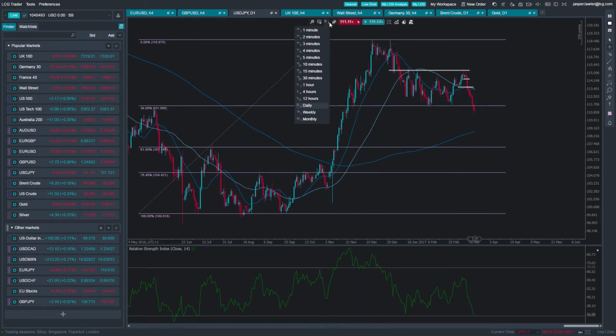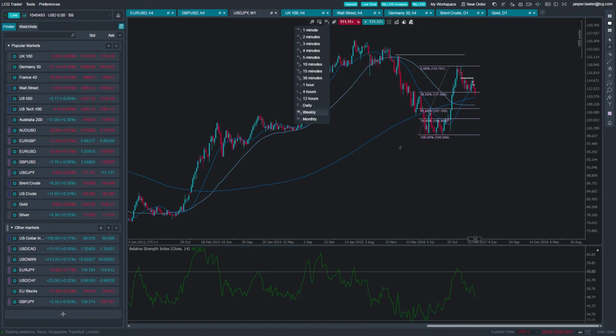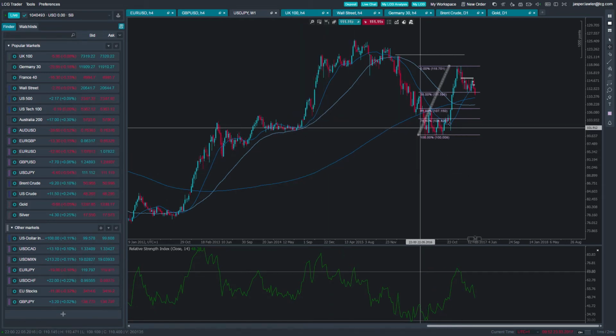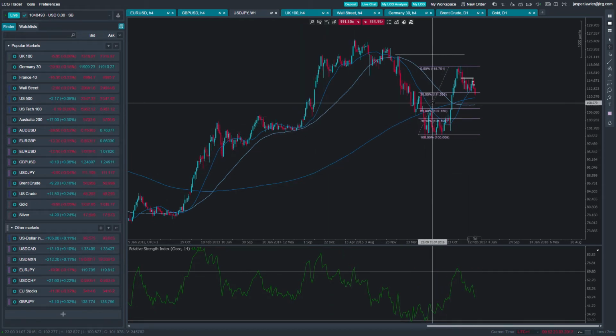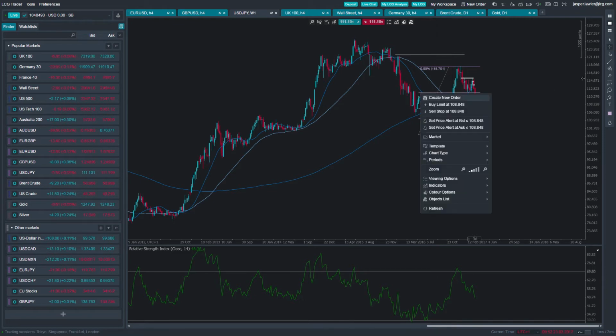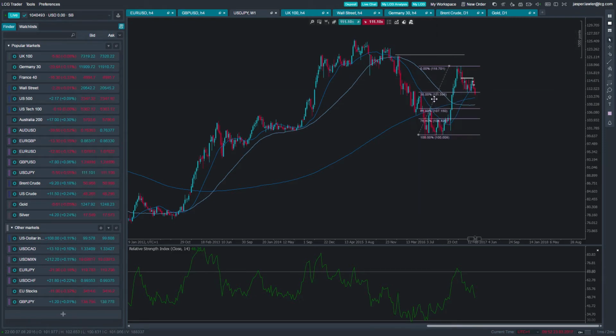Now, if we just have a look at the wider context of what we're looking at here, let me just remove this fib for clarity. Hold on. Now, obviously, we had a big top in the market here. We've run down. We took out some significant supports over here.